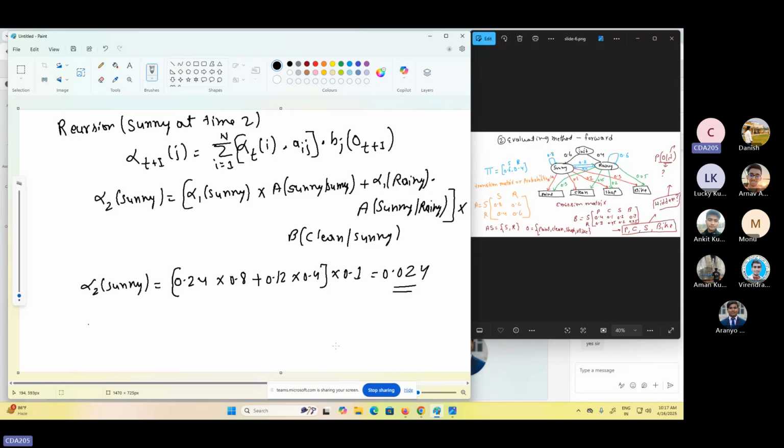Similarly, you have to calculate alpha 2 rainy. Calculate it.